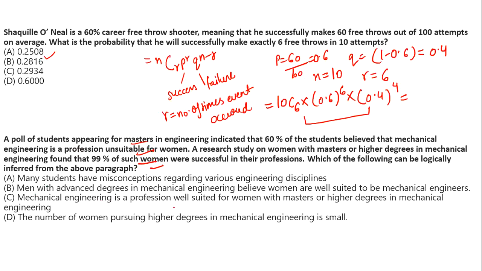Next: mechanical engineering is a profession well suited for women with masters or higher degrees in mechanical engineering. Yes, this is given. In this line it is mentioned that a research study on women with masters or higher degrees in mechanical engineering found that 99% of such women were successful in their professions. So yes, this inference we can make.